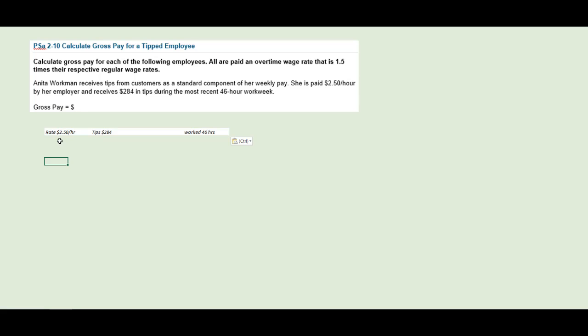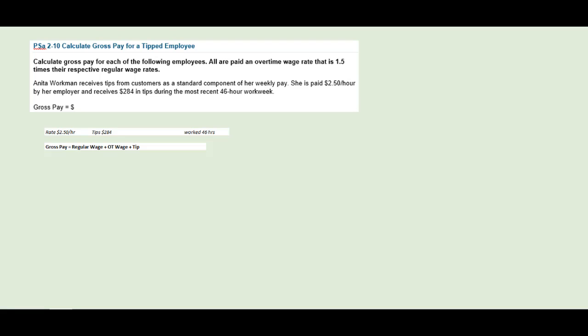The rate of $2.50 per hour, tips of $284, and she worked 46 hours. To calculate gross pay, we must take the regular wage plus overtime wage plus tip wages.